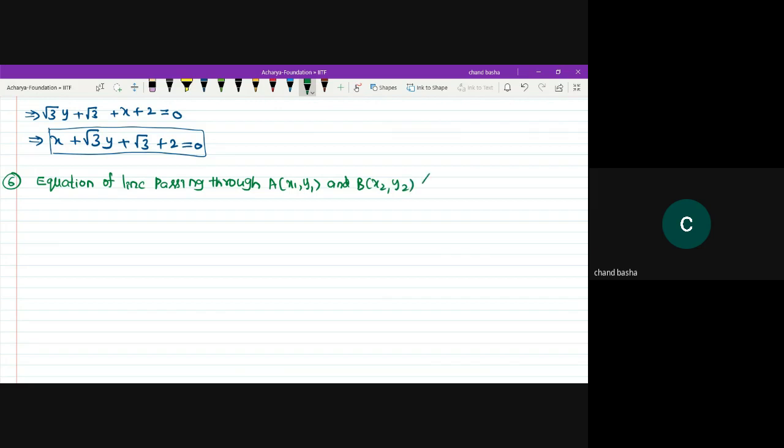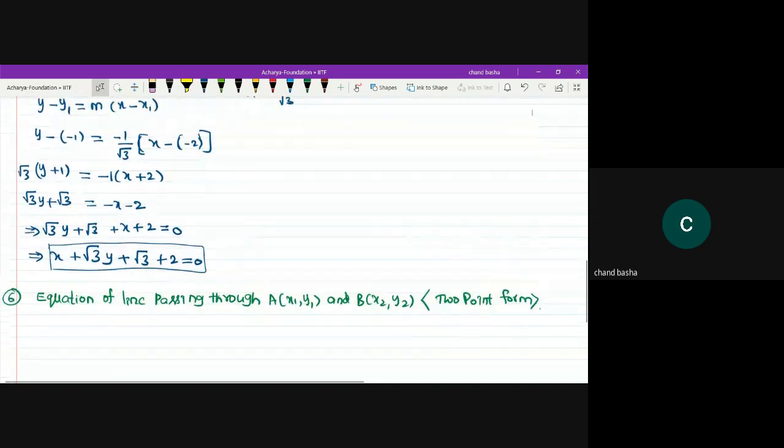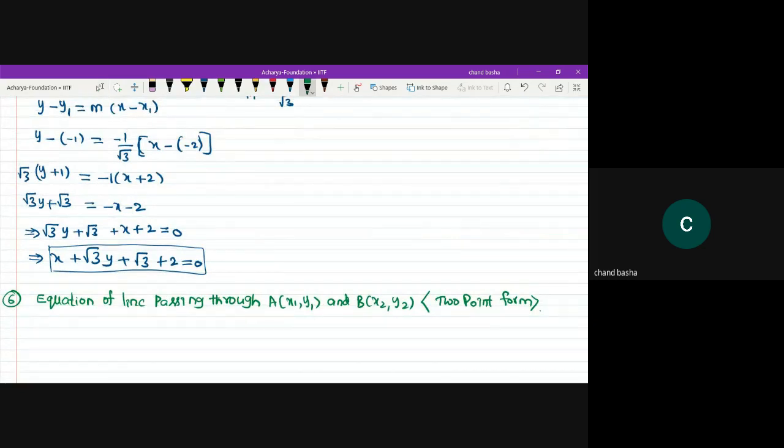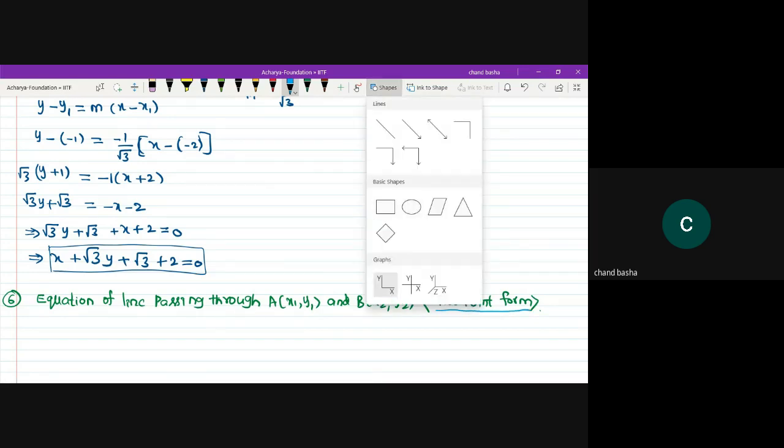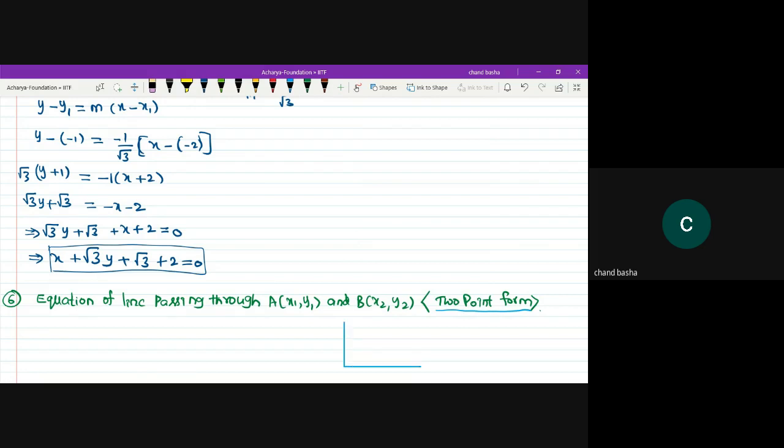So even we can call it a 2-point form. Equation of the straight line passing through a (x1, y1) and b (x2, y2), 2-point form.